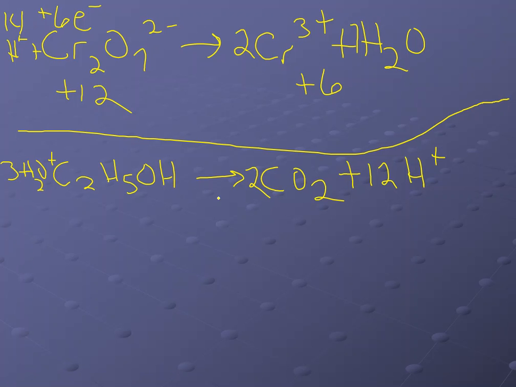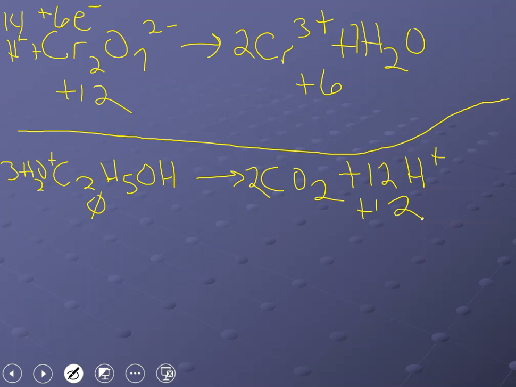Now what I've got to do is balance my charges. So on this side here, this is deceiving. This is just a plus sign separating these two species, 0 and 0. So I have a 0 charge on this side. Over here I have 0 and I've got plus 12. All right, so that means that I need to add electrons.